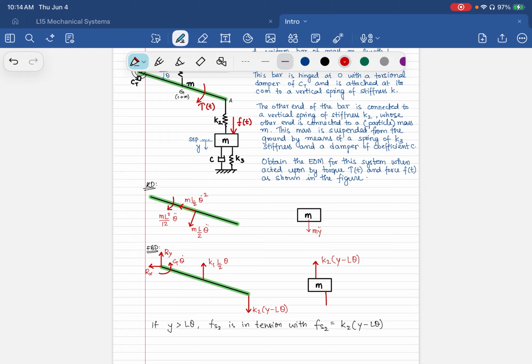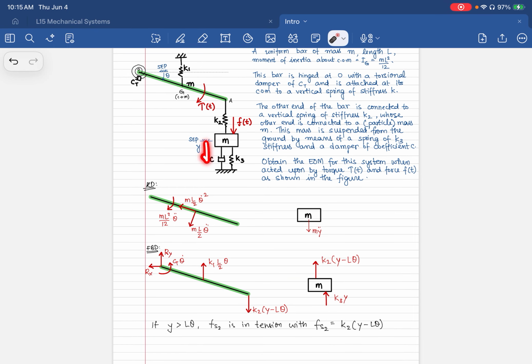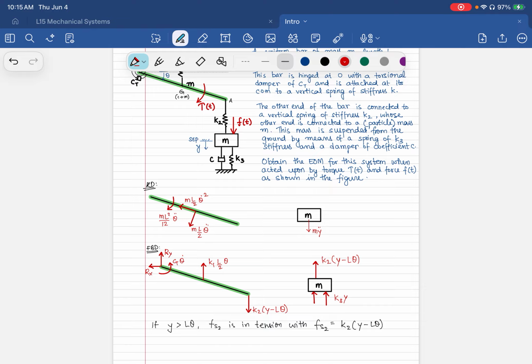So I have this here is upward, and I'm directly writing it down as K3 times y. And similarly, if y dot is positive downward, then this would be in compression, and the resulting reaction would be C y dot.